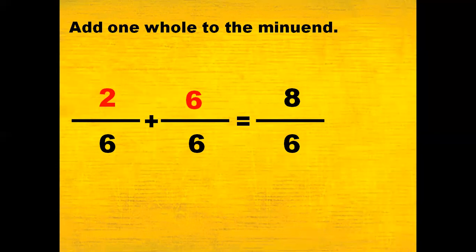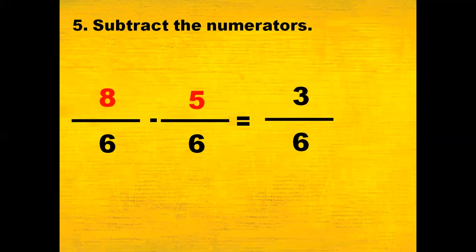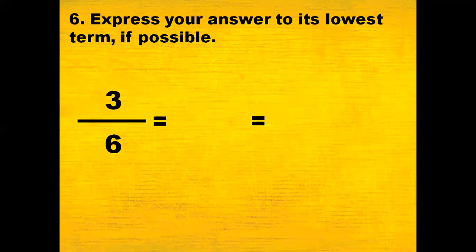So I think we can now subtract our numerators. So 8/6 minus 5/6. 8 minus 5 is equal to 3/6. Now, let's express the answer in its lowest terms.